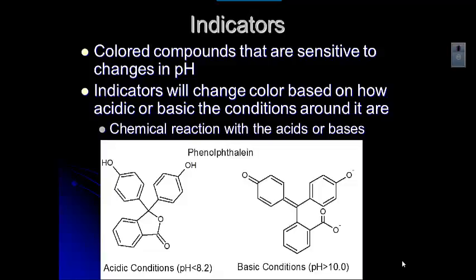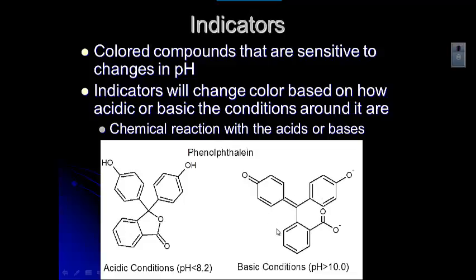And if you look at the structure on the left, you can see that it's got 3 6-membered rings, and then it's got this 5-membered ring down here. Under acidic conditions, that's the structure that it has, and it appears to be clear or colorless. And then when it becomes more basic, at a pH of greater than 10 or so, this 5-membered ring breaks apart.